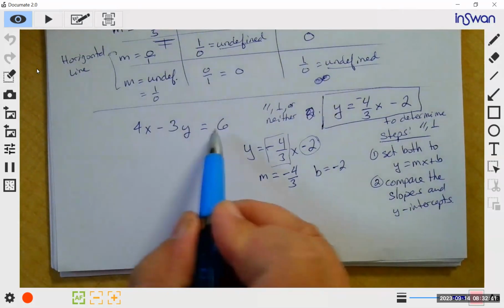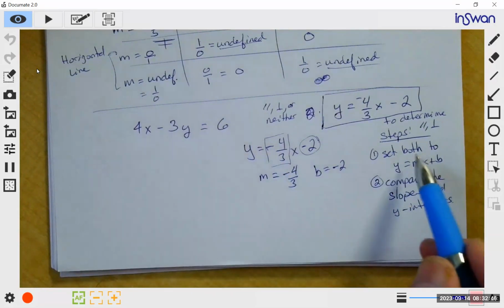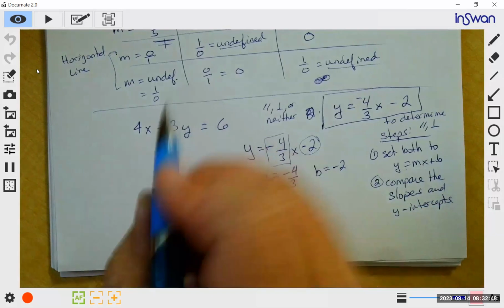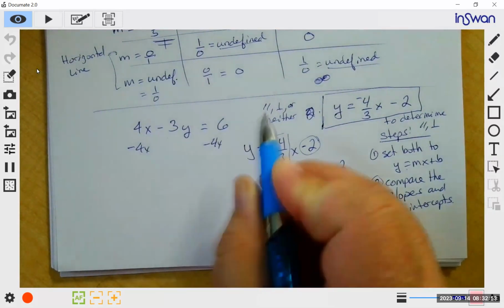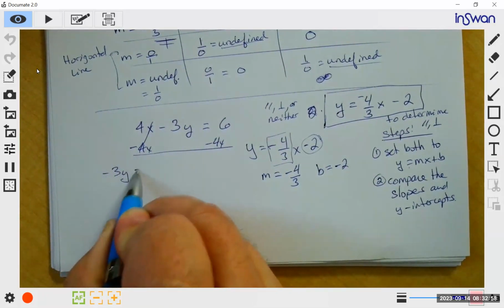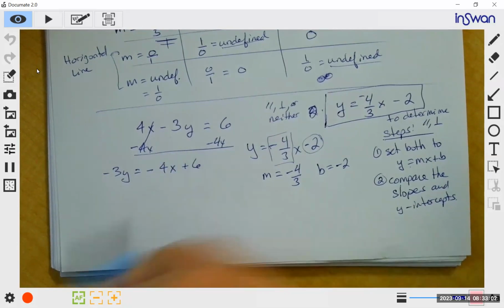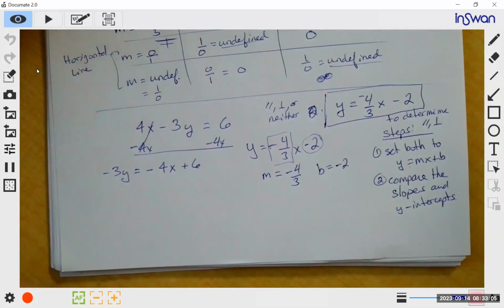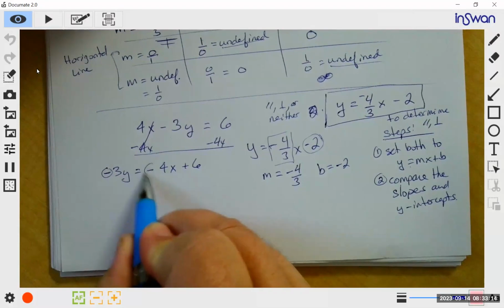So we have to take this equation and do what with it? Yeah, we have to solve for y. So we subtract 4x from both sides. We got -3y equals -4x plus 6. Since that's a negative in front of there, next step is change all the signs.